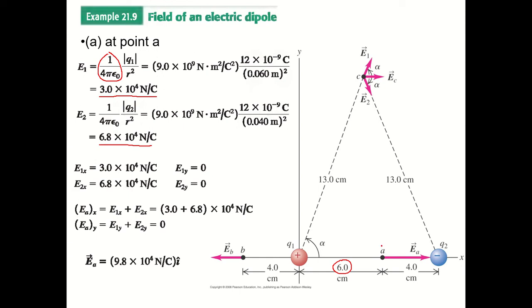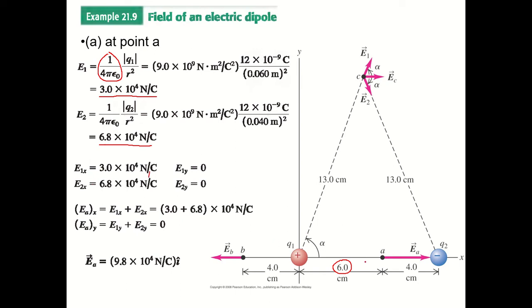Now let's calculate the horizontal component, the x component, of this electric field. For E1, caused by charge Q1, we have 3 times 10 to the 4th newton per coulomb. That is the x component because it is horizontal.